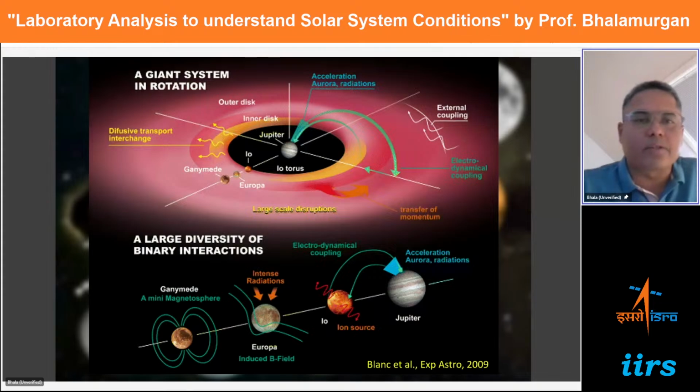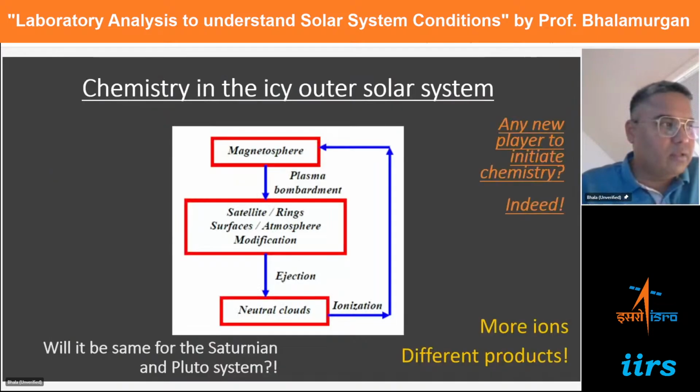The giant planet magnetosphere here is the one from Jupiter. The magnetosphere of the giant planet is responsible for transferring the elements or molecules from one moon of Jupiter to the other. The same thing happens for Saturn as well. I don't want to go deep into this.